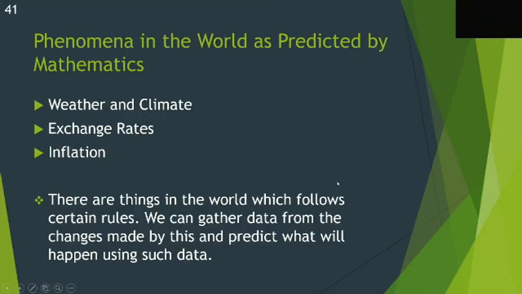Next is phenomena in the world as predicted by mathematics. So yung mga bagay na mayroon patterns can be predicted. Like example, weather and climate. So meron tayong tinatawag na seasons. So every year ay nagfa-follow tayo dun sa pattern na yon.